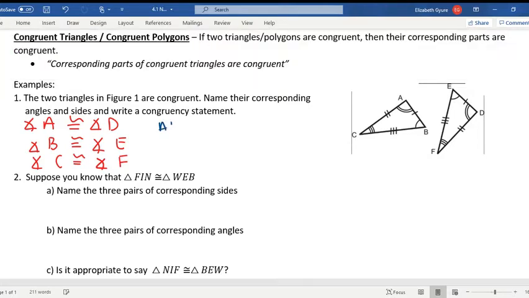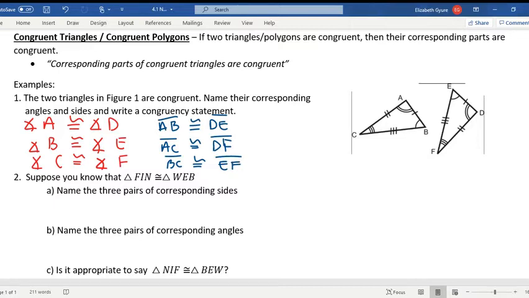So we would say segment AB is congruent to segment DE. And then if you take a look here, AC goes with DF. So segment AC is congruent to segment DF. And then segment BC would go with segment EF.